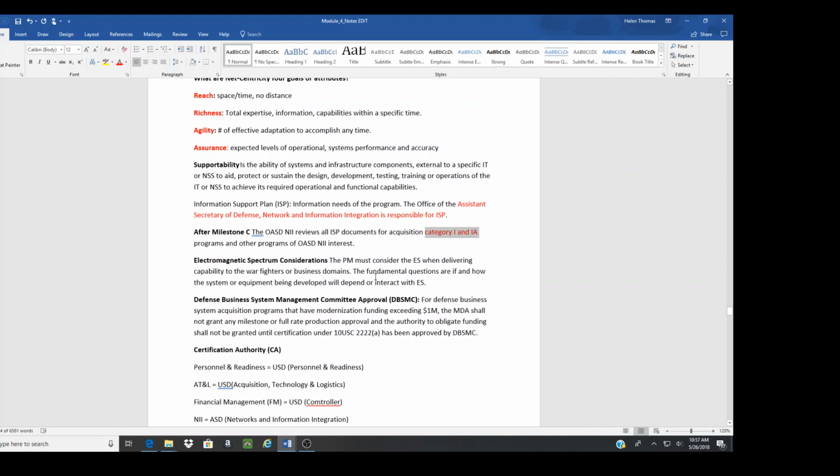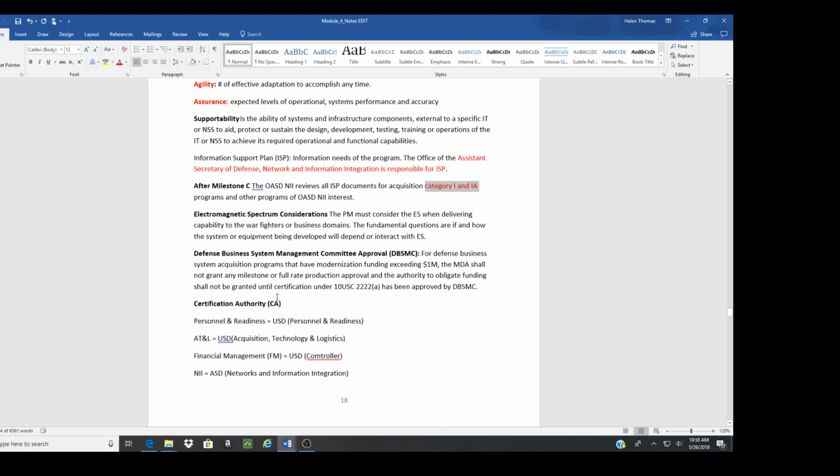That's a consideration that must be taken by the program manager, not only the human elements and how you're going to integrate the humans, but also how we're going to integrate with technology. The information support plan deals with the electromagnetic spectrum considerations. So that's the program manager again.